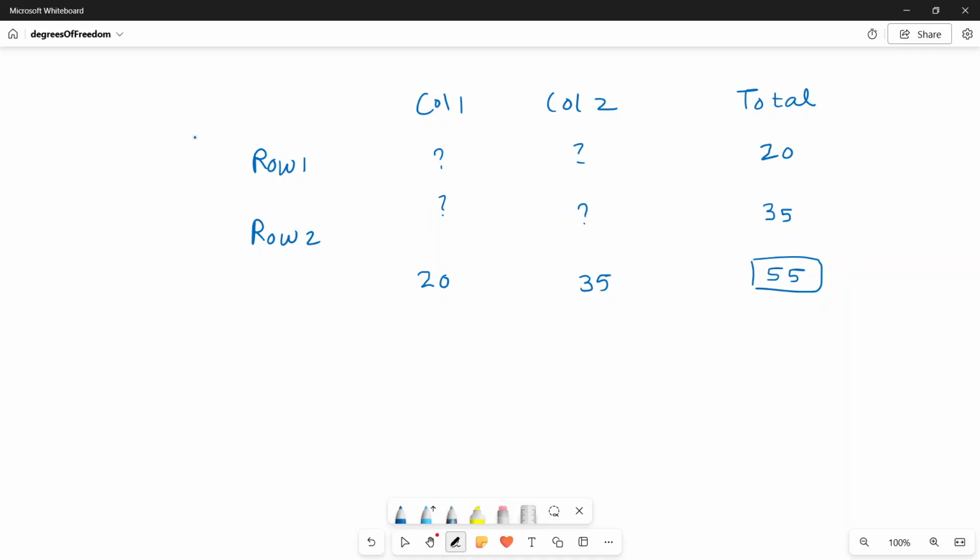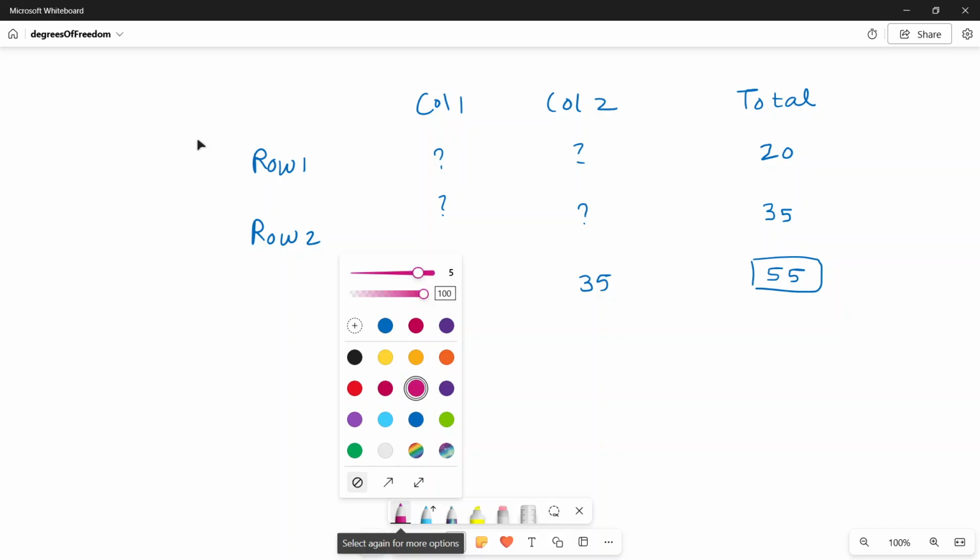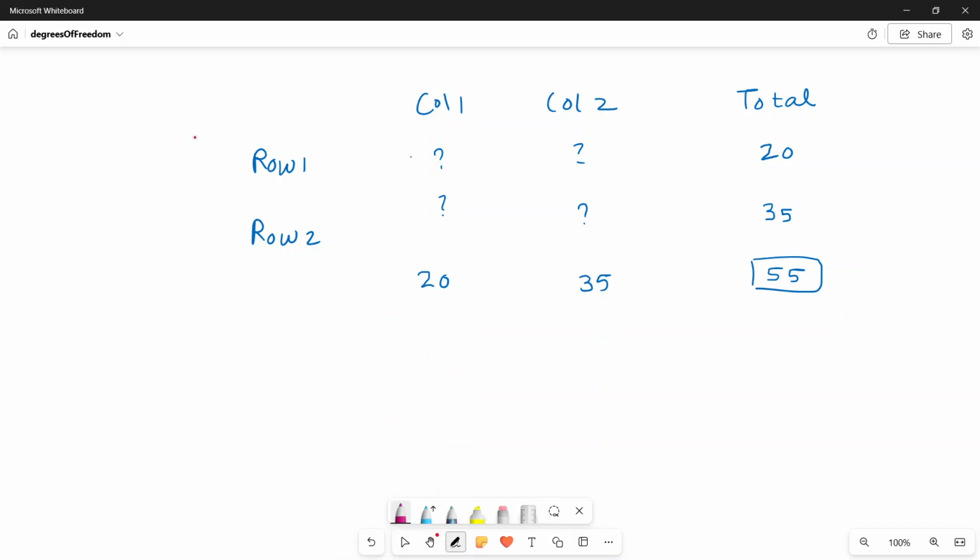So, for example, if I decide to put a number in this particular cell, if I decide to put the number 15 in this cell instead of the question mark, am I free to write any other number over here other than 5?